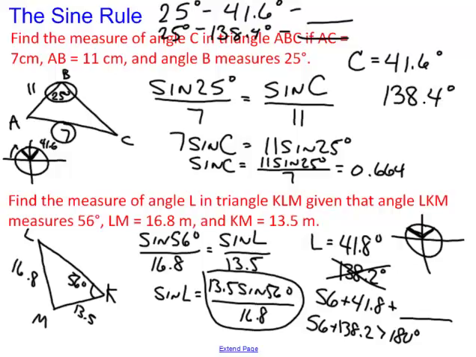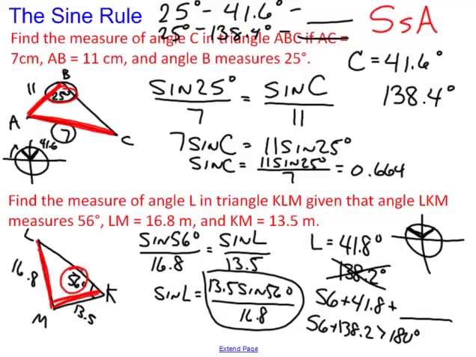Now, this is a kind of weird condition that we run into. If you look at what we have here, in this case, we have two sides and a non-included angle. Here too, two sides and a non-included angle. So when we look at that side-side-angle condition, it tends to become a problem because we potentially could have two possibilities for the triangle.